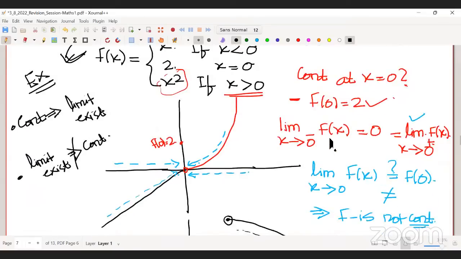So in the last step, we need to check whether this limit is equal to f of 0 or not. By definition, f of 0 is 2 here. So the limit is 0, but f of 0 is 2, and they are not equal, right? Since they are not equal, this function cannot be continuous. Got it. Thanks. Thank you.